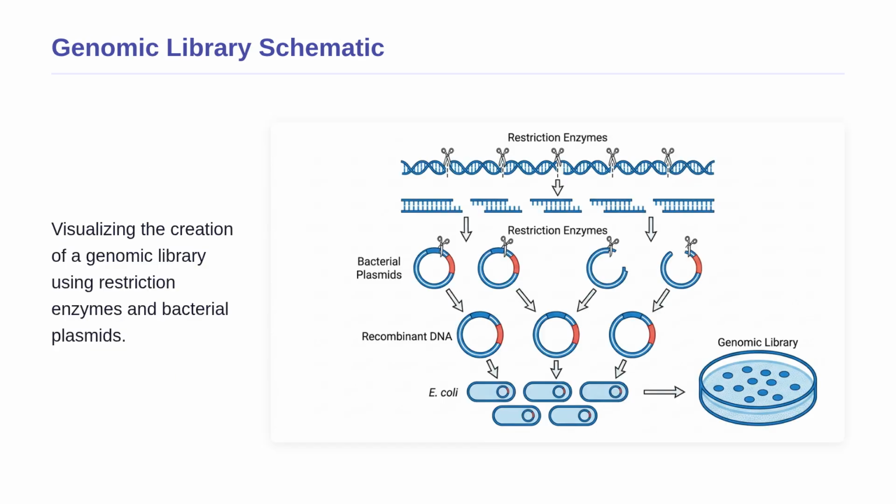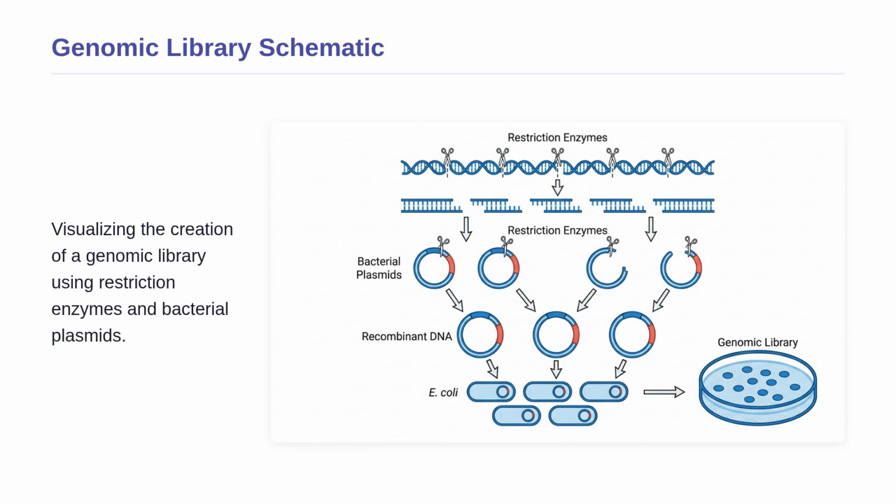Now that we have calculated the size of a library, let us visualize the entire construction process. At the top of this diagram, you can see the long, double-stranded genomic DNA being chopped into smaller fragments by restriction enzymes, acting like molecular scissors. Notice how the circular bacterial plasmids are also cut open by these same enzymes.